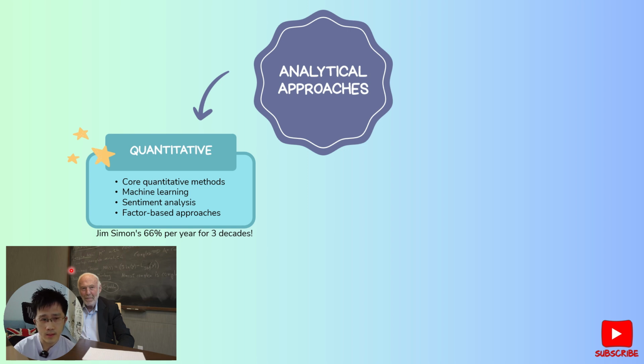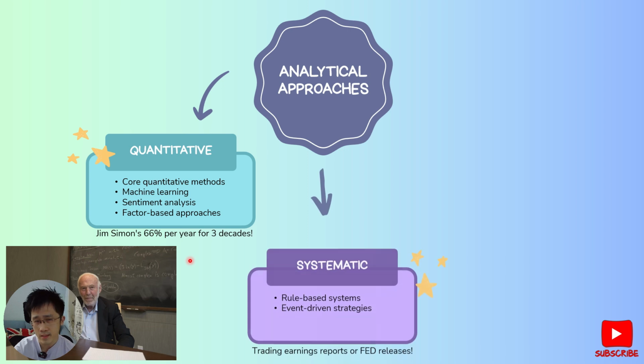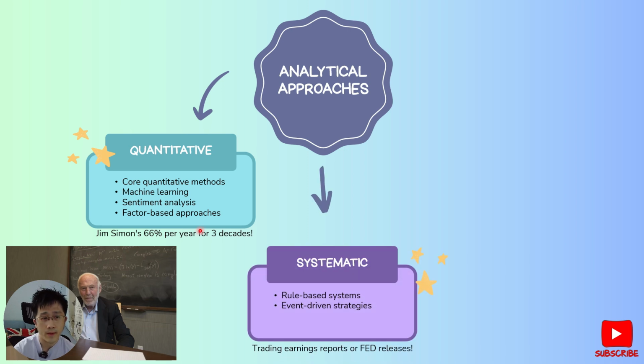Nevertheless, 66% per year for the past 30 years, on average, is a very phenomenal record that he has. His company is one of the top hedge fund trading companies making use of a quantitative approach to understand the market and leverage it to earn money. Then the second approach is the systematic approach.